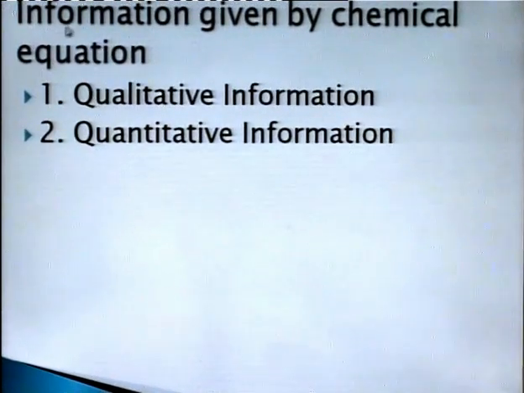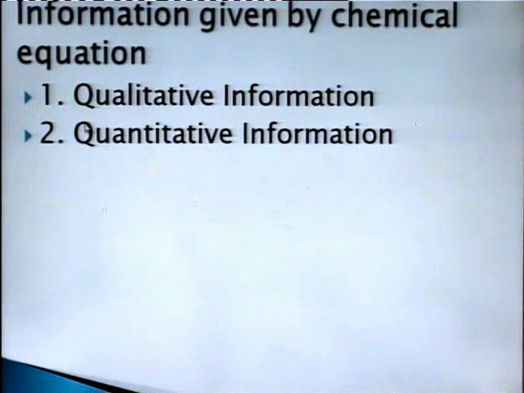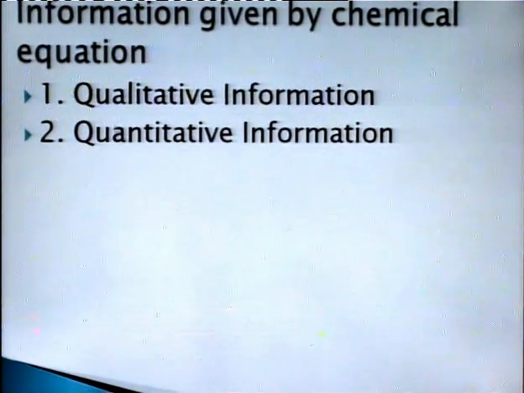Next, let us discuss what information is given by a chemical equation. Basically, a chemical equation gives us two types of informations. First one is qualitative information and second one is quantitative information.